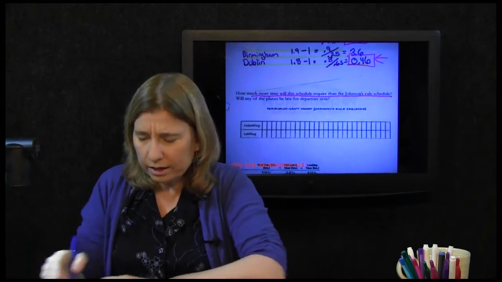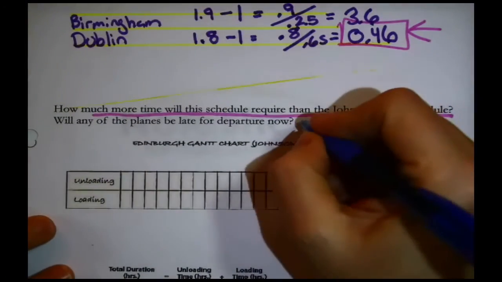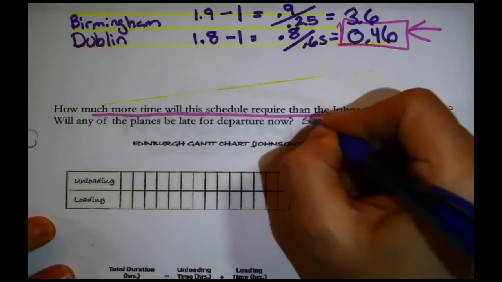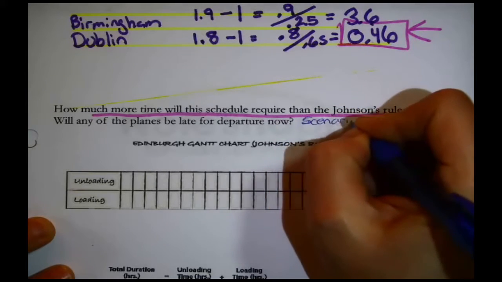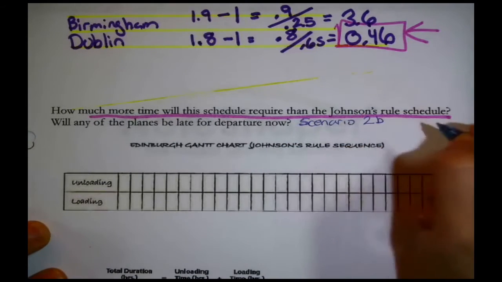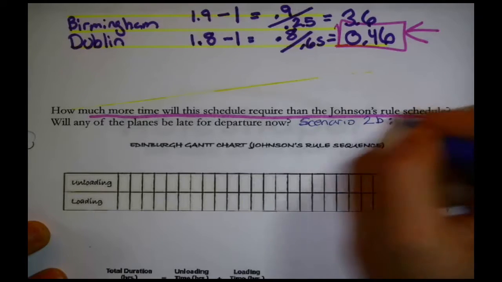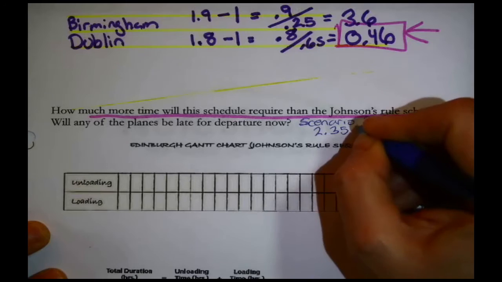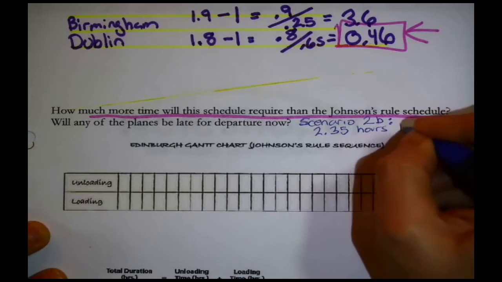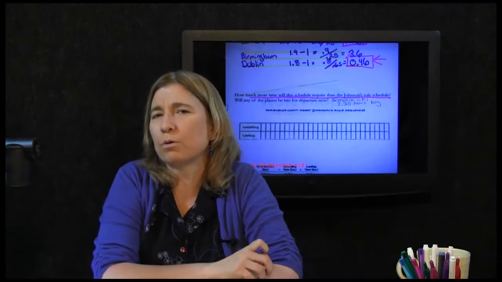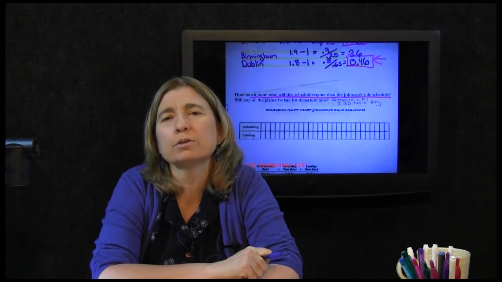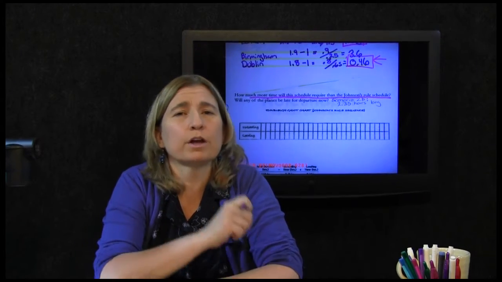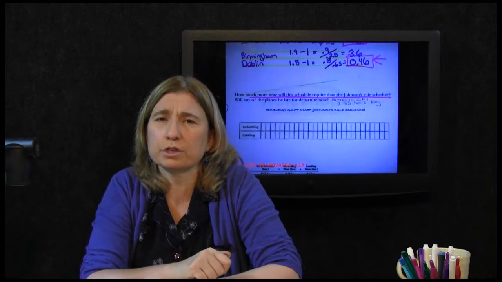From that, I wrote that down from scenario B, the one before this. There was a sequence that was only 2.35 hours long when we mapped it out. That's the make span of, now wait a minute, that was the Johnson's rule sequence.